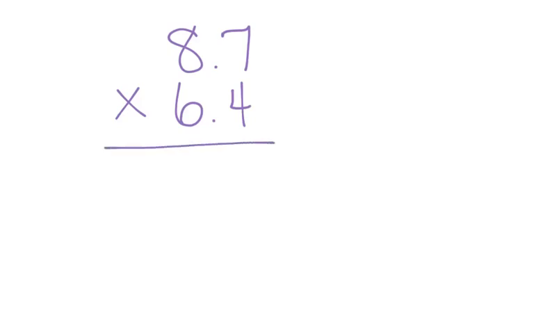So if each member of the staff gets 8 and 7/10 calls per hour, and each call lasts about 6.4 minutes, okay, you're going to multiply that and you'll receive your answer. Remember, you need 2 numbers to the right of your decimal because there's 2 numbers in your factors.